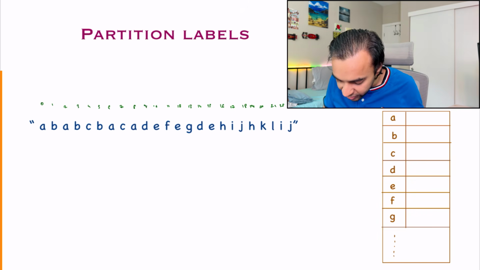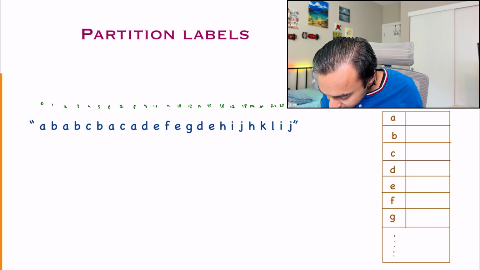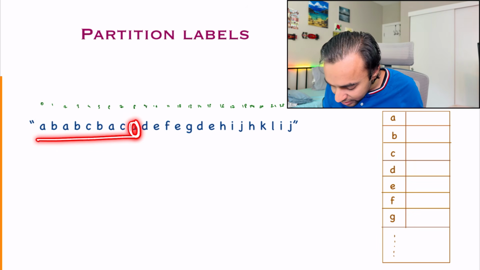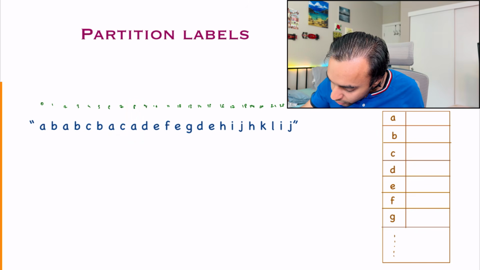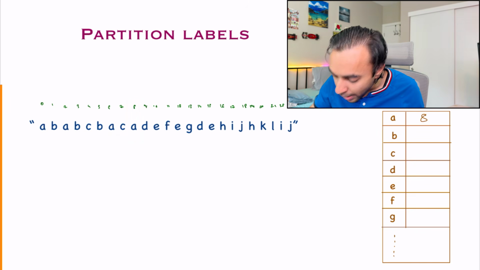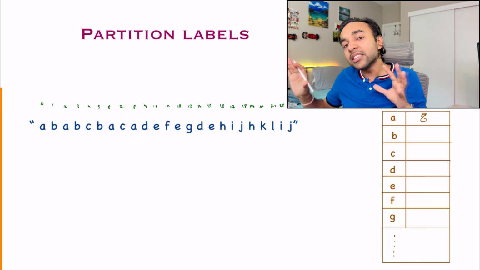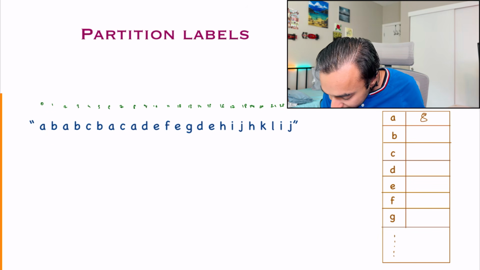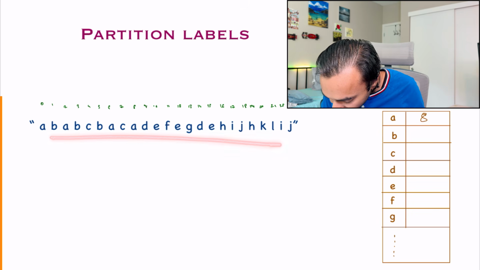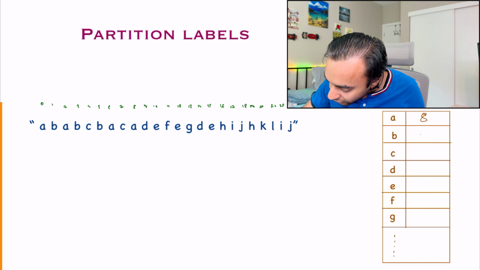If you think about the first character, that is A, what is the last occurrence? This is the last occurrence and it is at the position 8. So I store this in some kind of a map. I know that the last occurrence of character A is 8. Now what about B? I keep on scanning my string and try to find out wherever is the last occurrence. The last occurrence is at the number 5.